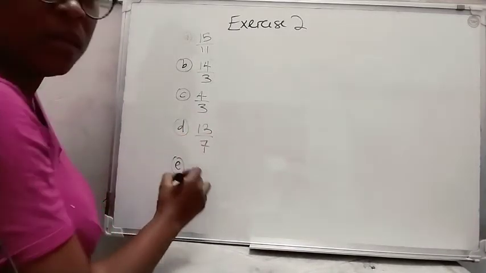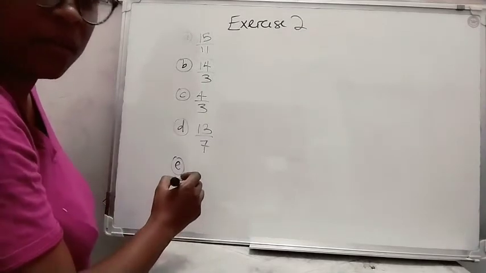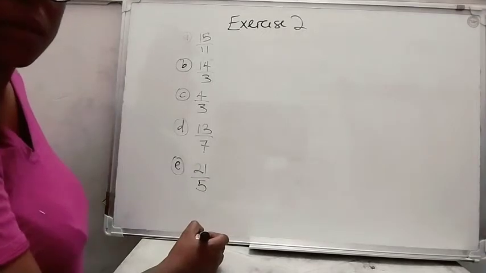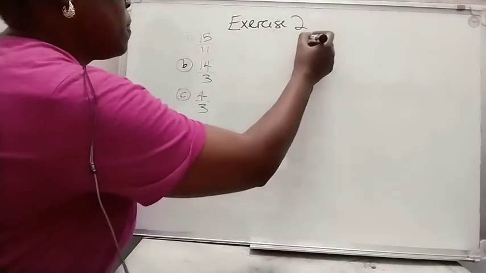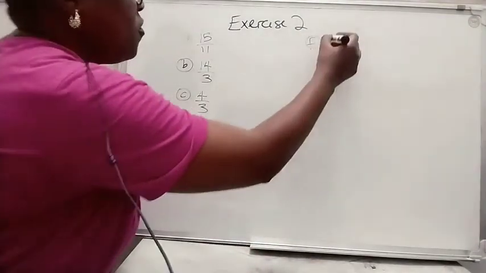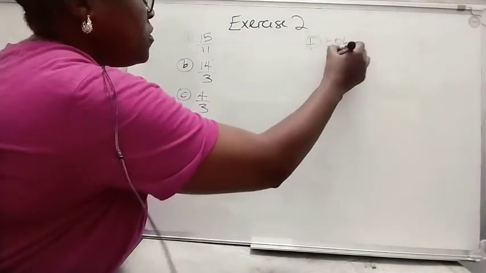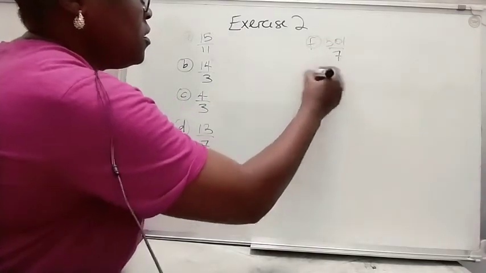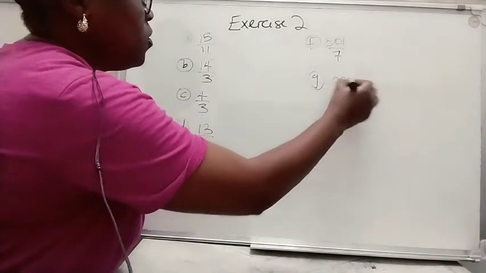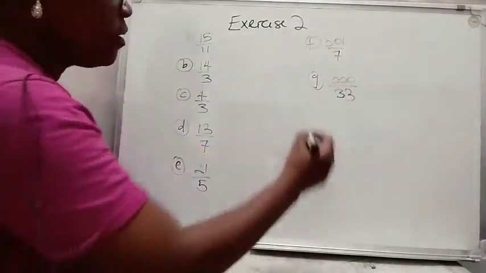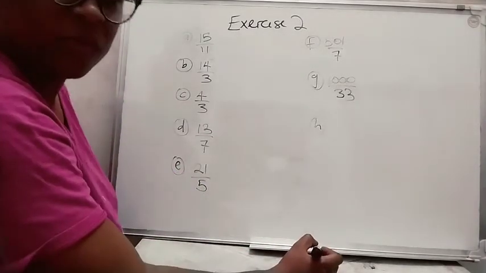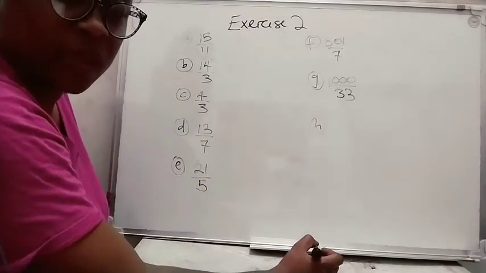And E is 21 over 5. Okay. F is 501 over 7. G is 1000 over 33. H is some word problem. So we'll go over to that later.